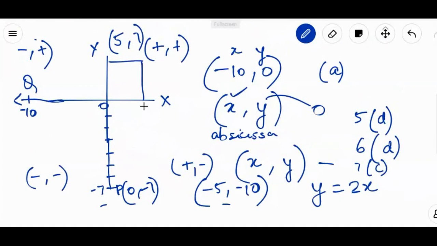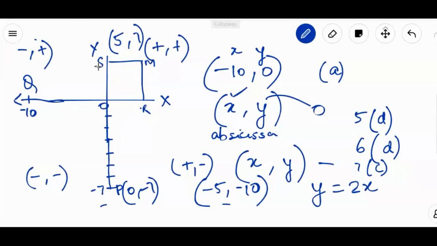Point is here. This is R and say this is S. So this is M. So MR is the height or the distance of the point from x-axis. MS is the distance of the point from y-axis. Please make that very, very clear.